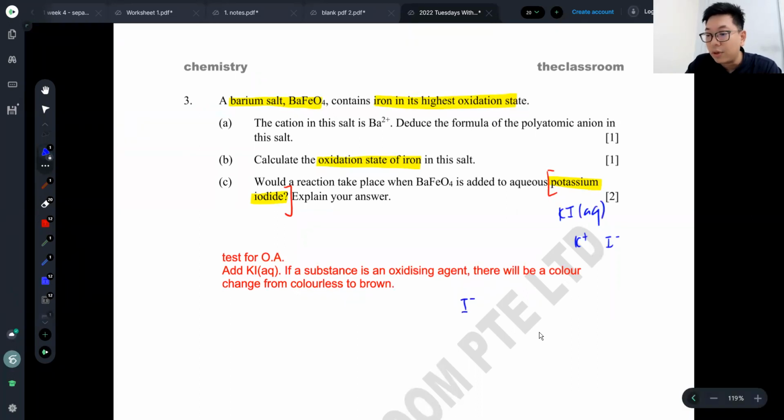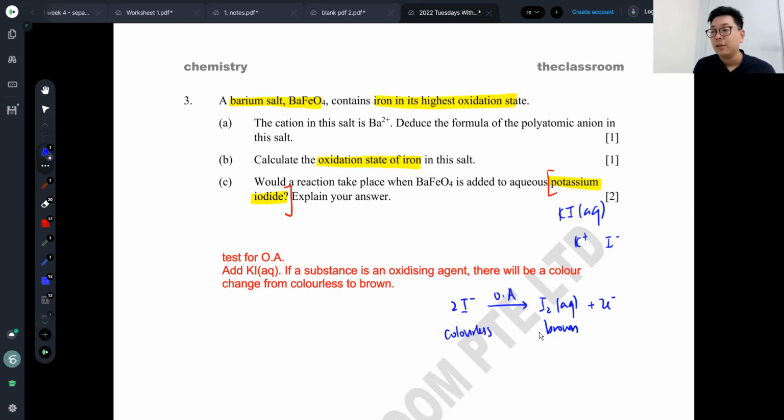If you have an oxidizing agent, your iodide ions will get oxidized to form iodine, and aqueous iodine is brown. So once again, if an oxidizing agent is present, it will oxidize your iodide ions. Colorless to brown.